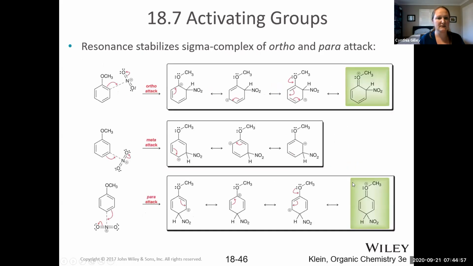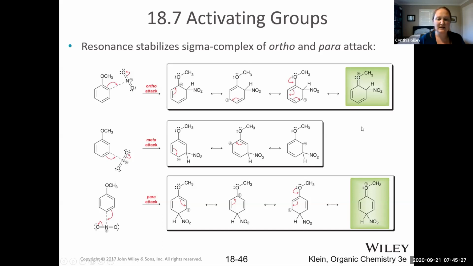We look at the stability of the arenium ion, or sigma complex, formed from ortho, meta, and para attack. We see that the arenium ion is much more stable from ortho and para attack compared to meta attack, because now there's a fourth resonance contributor where the positive charge is no longer just delocalized at 3 positions in the ring, but also on the oxygen atom.